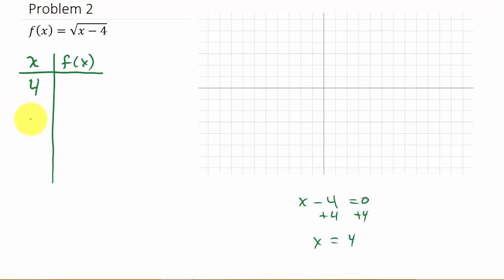Okay? And then the next x value we're going to choose is 5, and then we'll choose 8. All right, so now let's talk about why I chose these. Well, I chose the 5 because 5 minus 4 is 1, square root of 1 is 1. I chose the 8 because 8 minus 4 is 4, the square root of 4 is 2.